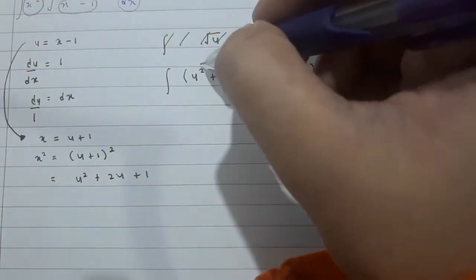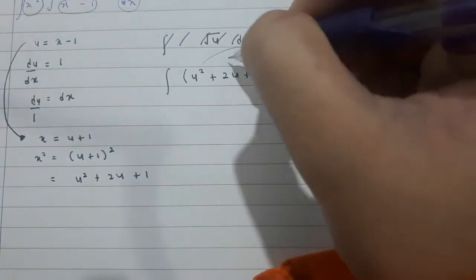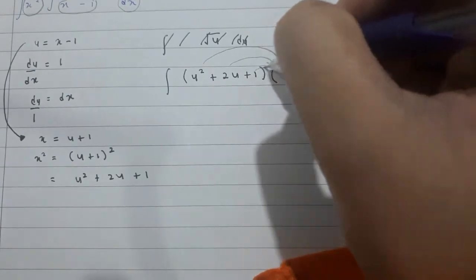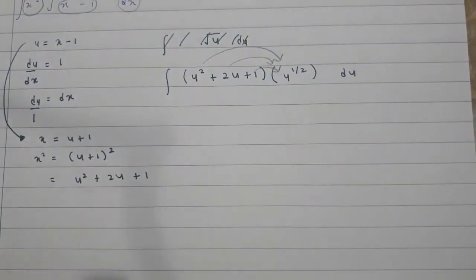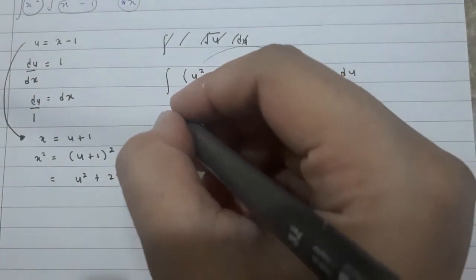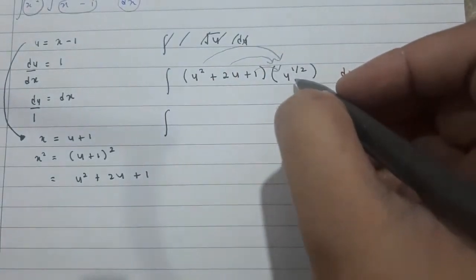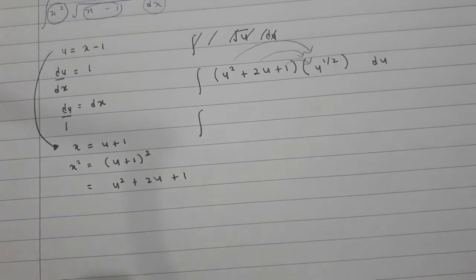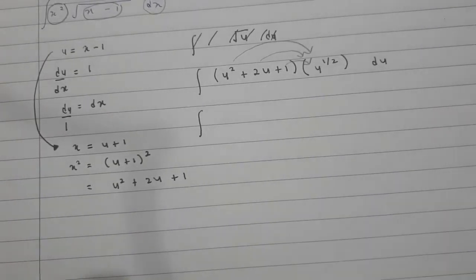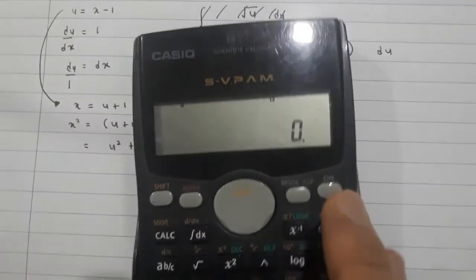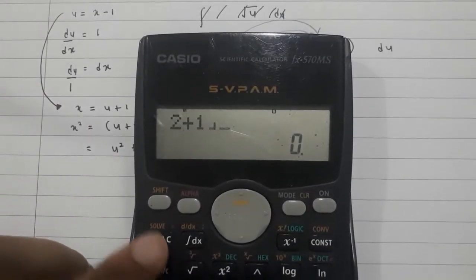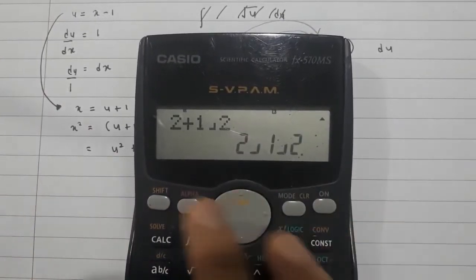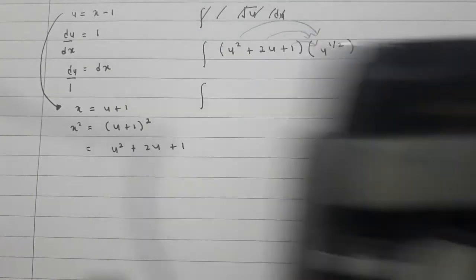to further simplify, we can expand. u squared multiplied by u power 1 over 2. So u multiplied by u, we must add the power. 2 plus 1 over 2 equal 5 over 2.